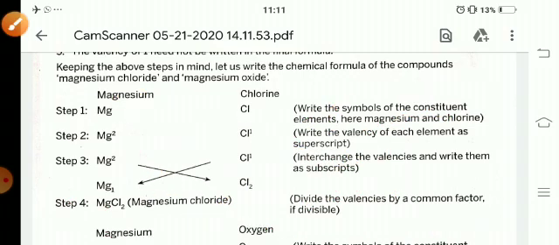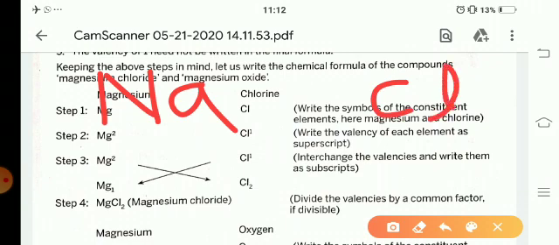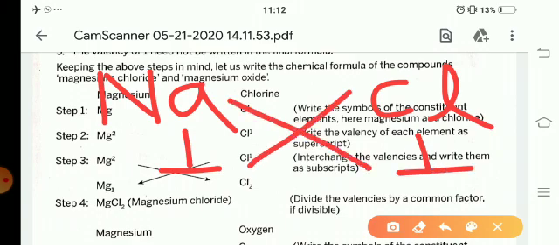Next, another example: we want to write the chemical formula of sodium chloride. The symbol of sodium is Na and the symbol of chlorine is Cl. The valency of sodium is 1 and the valency of chlorine is 1. Then interchange the valencies of these elements, and it is clear that the valency of 1 need not be written in the final formula.